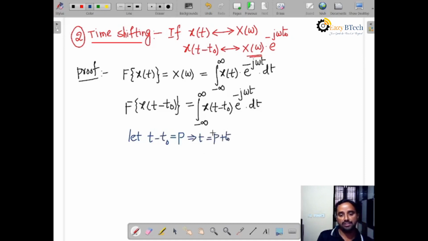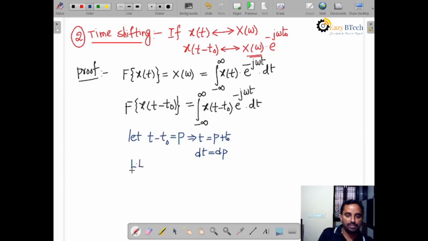Minus t naught, I am just sending to the right side. And let's discuss the lower and upper limits. So what happens to dt? dt will become dp, since t naught is a constant, its derivative is 0. So dt is equal to dp. And what about the lower and upper limits?